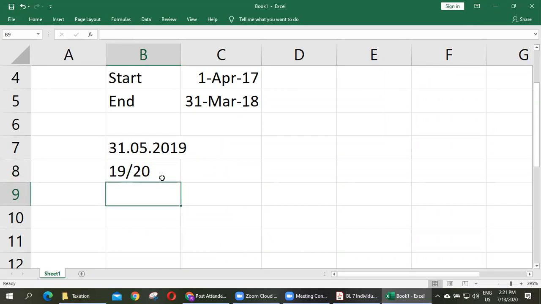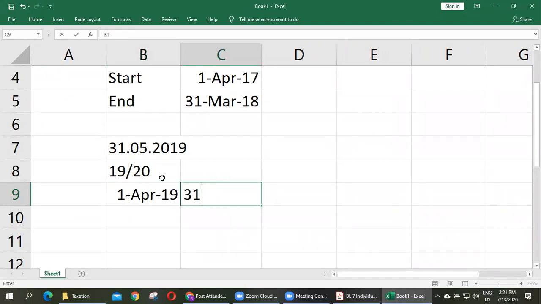The answer is 1920 because the year starts from 1st of April 2019 to 31st March 2020.